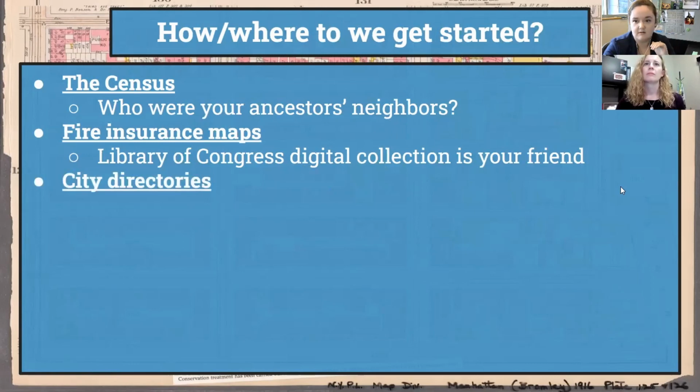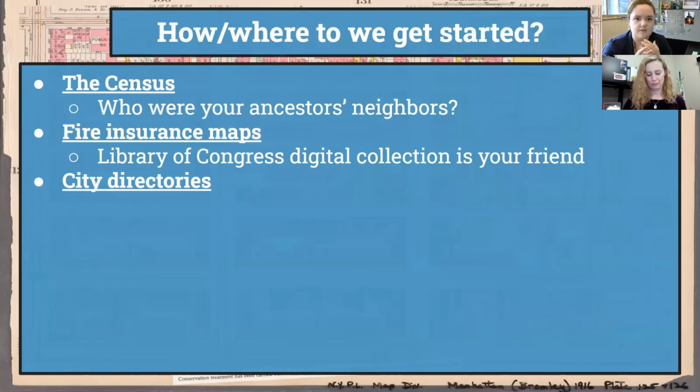City directories. Somebody asked what a fire insurance map was, so I'm going to explain. Sanborn was a company that created these fire insurance maps, which insurance companies would use to determine how much they're going to charge a building owner in their premium.